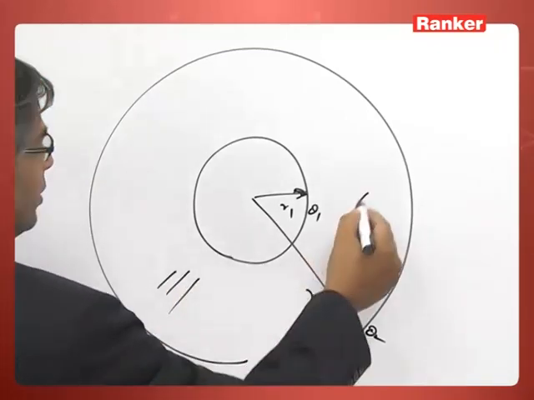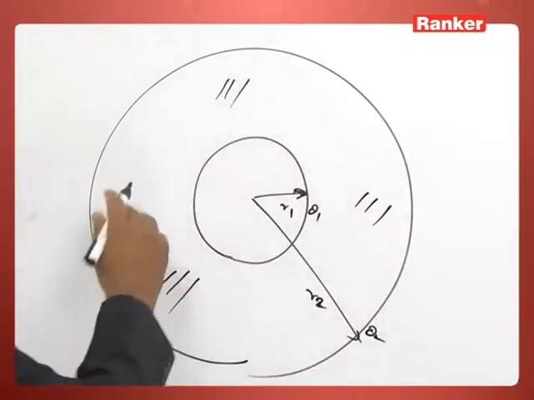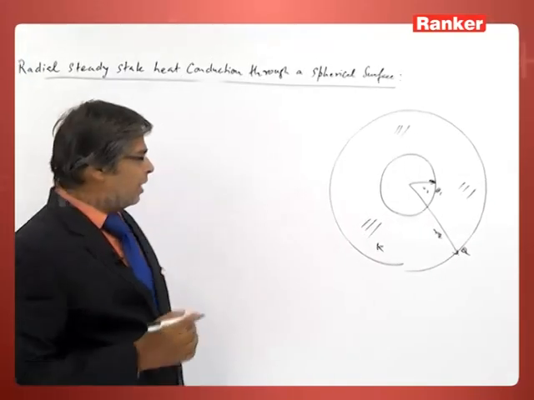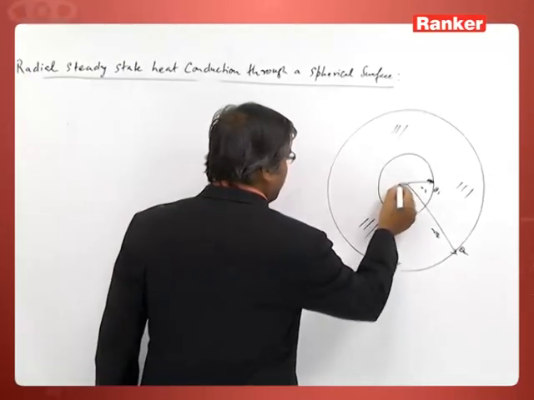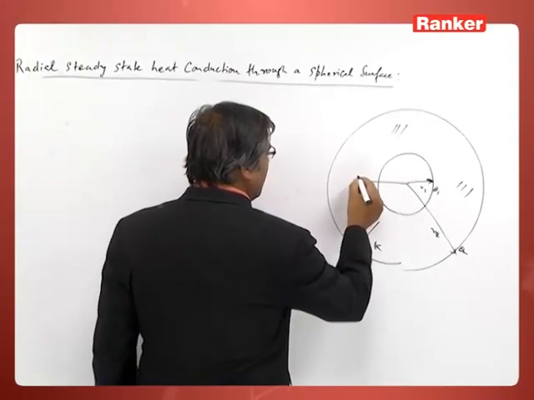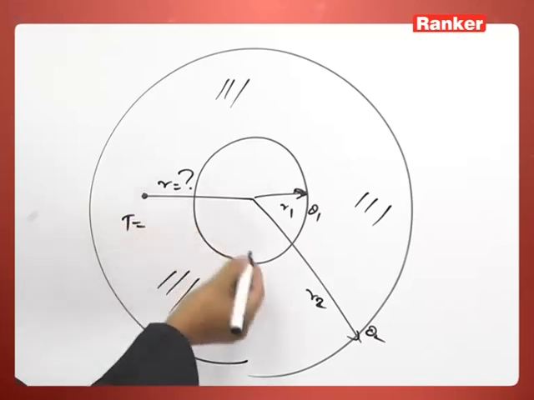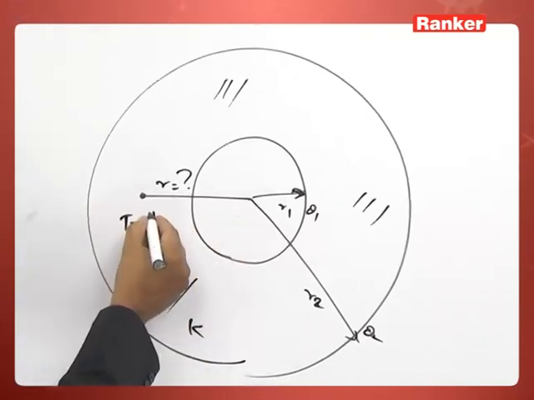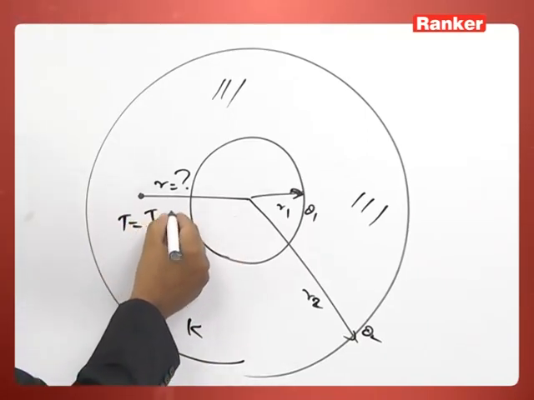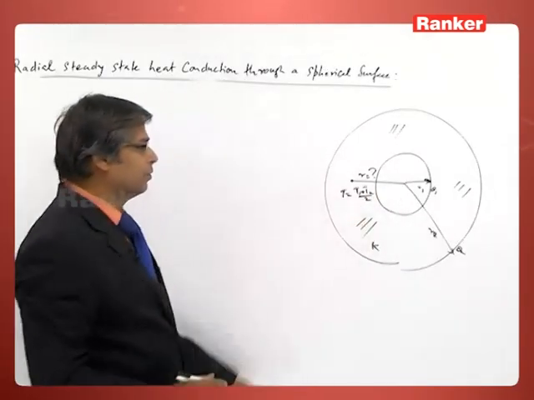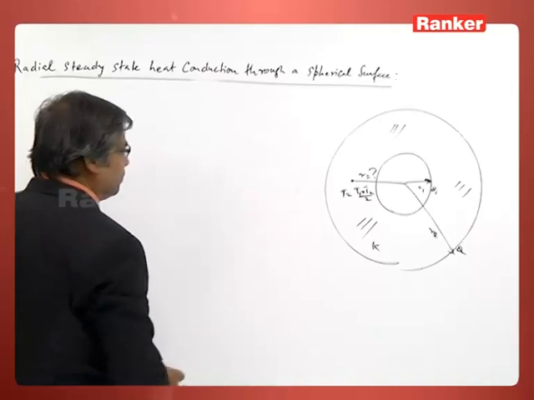This is the conducting medium of conductivity K. Now, find the radial distance R at which the temperature is the average of the temperatures theta 1 and theta 2.